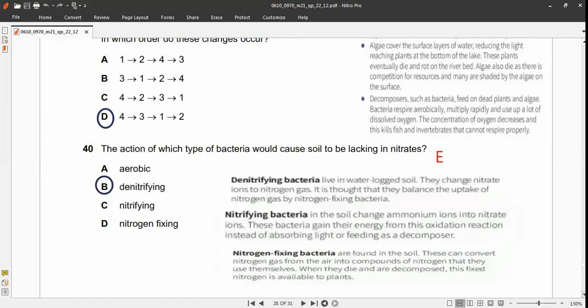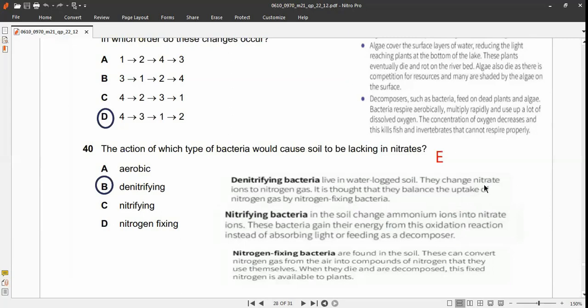The action of which type of bacteria would cause soil to be lacking in nitrates? Aerobic, denitrifying, nitrifying, nitrogen fixing. What about denitrifying bacteria? They live in waterlogged soil. They change nitrate ions to nitrogen gas.